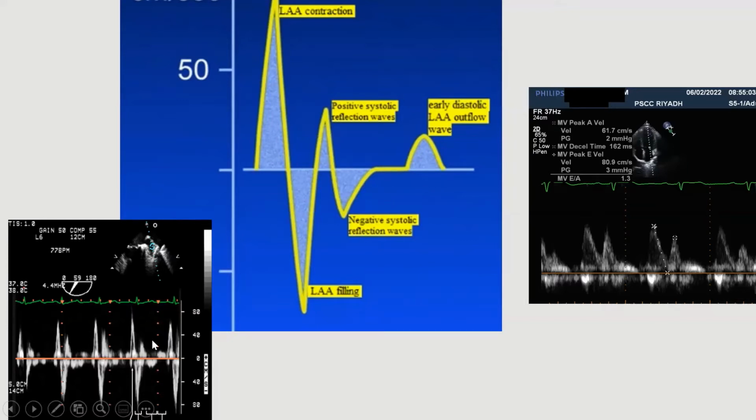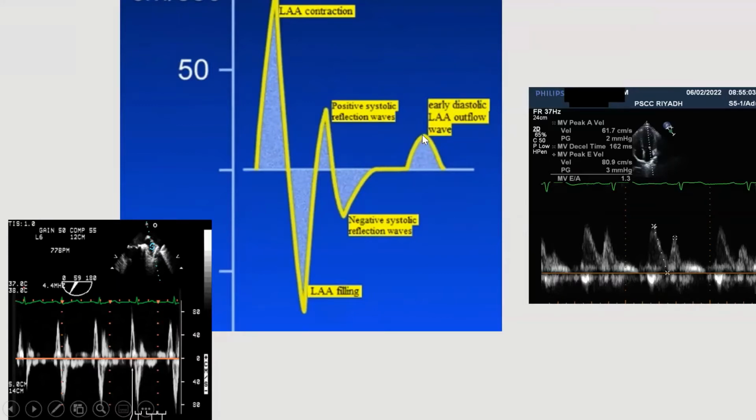Now there is this flow and this flow, which are systolic flow. They call it systolic oscillation, whatever, but you see a small flow here. This one is the early diastolic flow, which is the passive emptying.